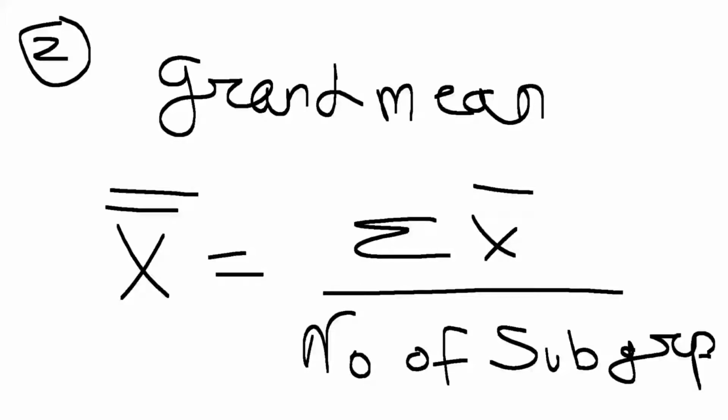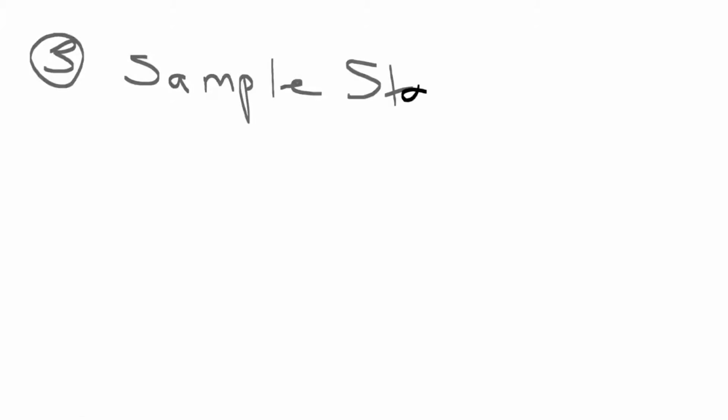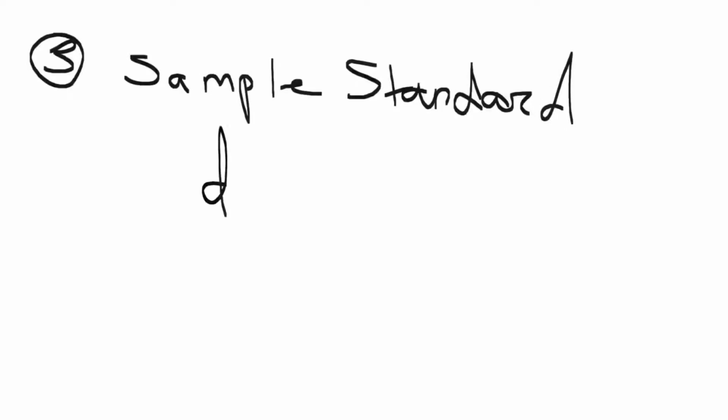Now we will move to the third step. The third step is to calculate the value of the sample standard deviation. We have to know the value of the sample standard deviation.